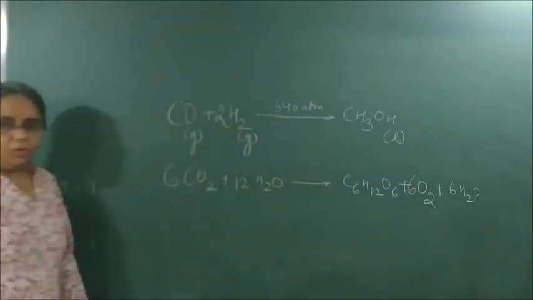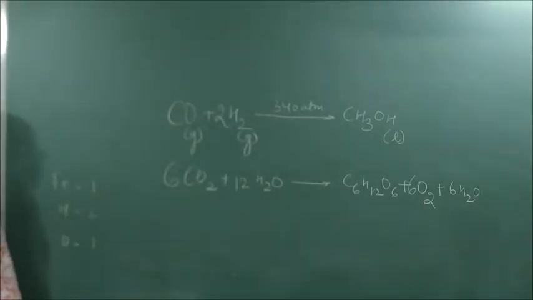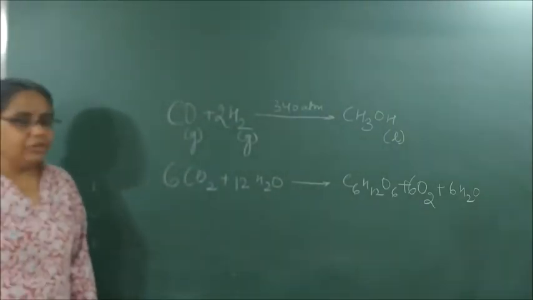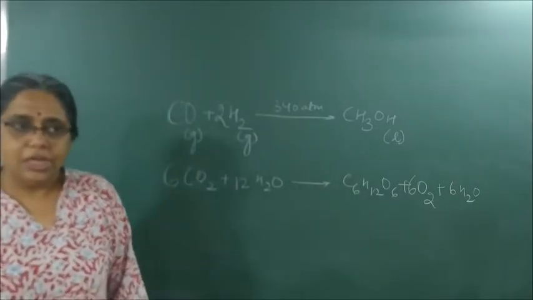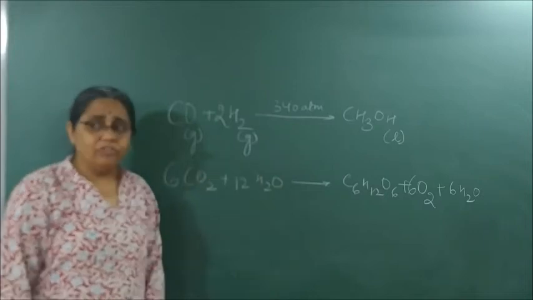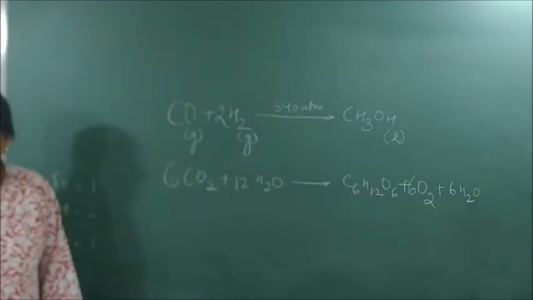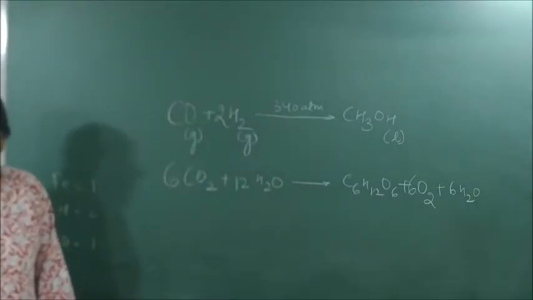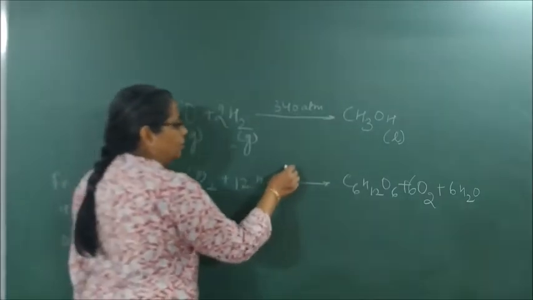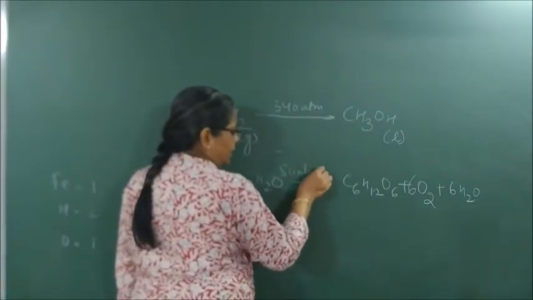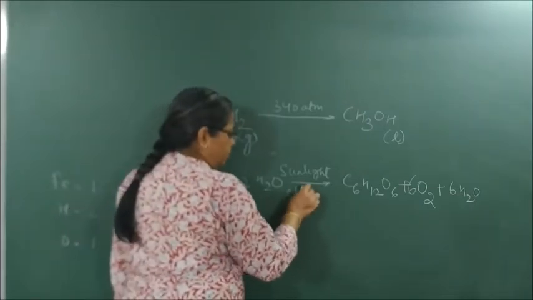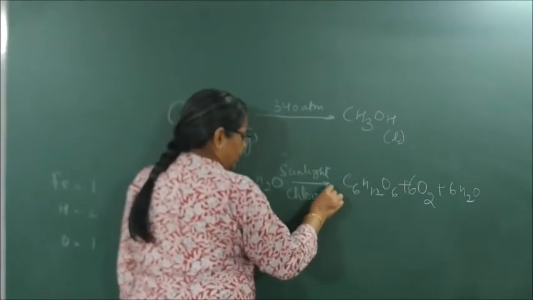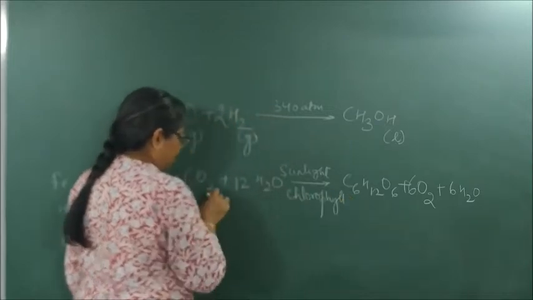So 6CO2 plus 12H2O gives C6H12O6 plus 6O2 plus 6H2O. Still this equation is wrong. Why? Photosynthesis generally takes place in the presence of sunlight, so I have to write sunlight. Still wrong. Why? It is absorbed by chlorophyll. Still wrong. Why? State.